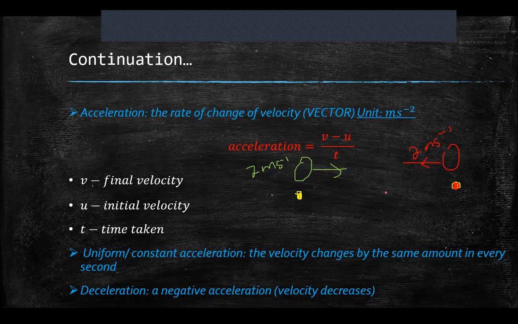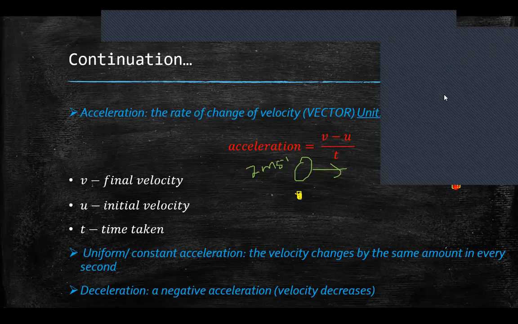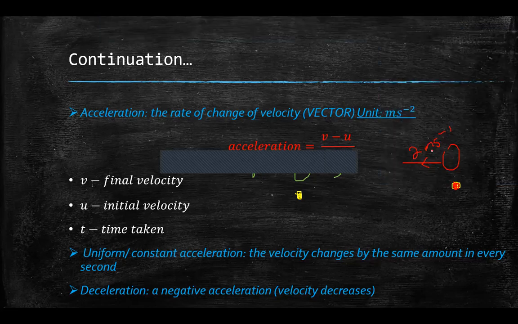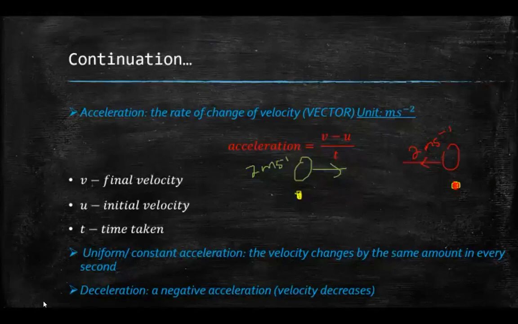Okay. Well, yes. Why? Because there's a change in velocity. And you might be wondering, but how is there a change in velocity? It's 2 on 2. You need to remember velocity is not a scalar quantity, it's a vector quantity, magnitude and direction.